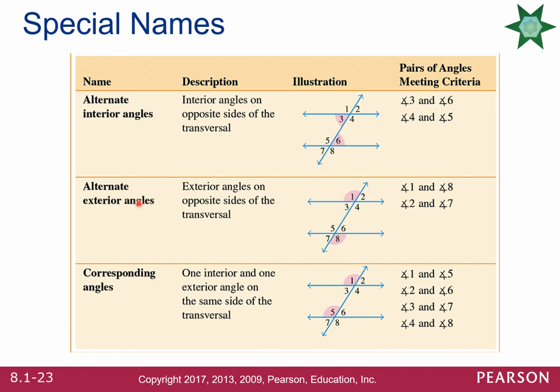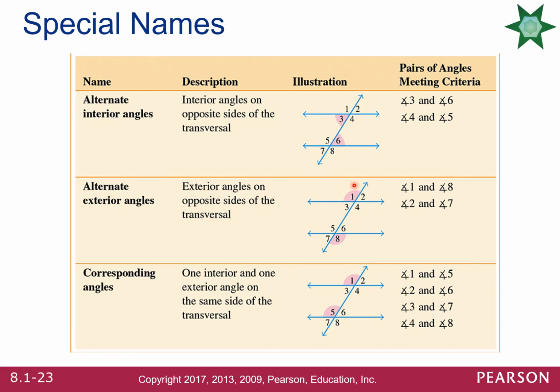The other set would be the alternate exterior angles. Exterior again meaning outside, on the other side of the parallel lines. So 1 and 8 are alternate exterior angles on opposite sides of the transversal.